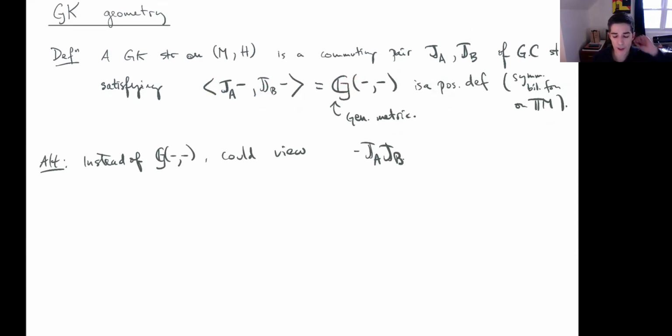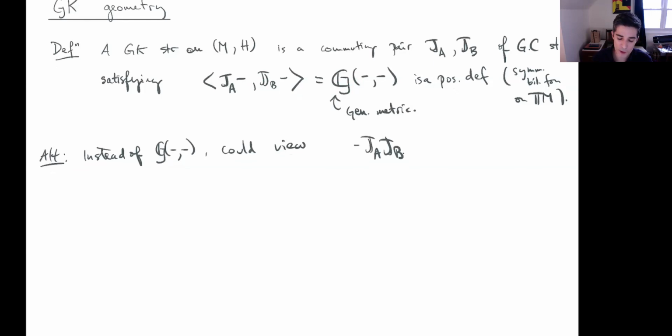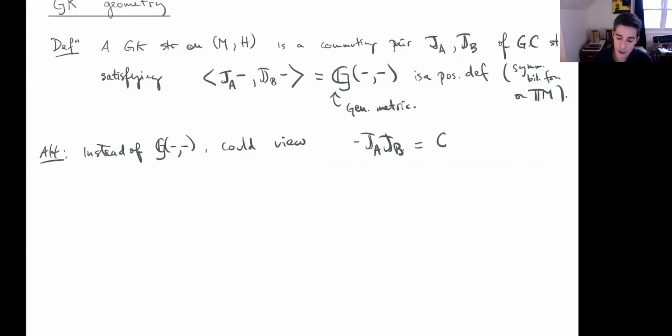This generalized metric remains the same. And we get a minus just because JB squares to minus one. So this operator, minus JA JB, we could call this G, and it contains the same information as the metric. So this big G is just the inner product of G, like that.